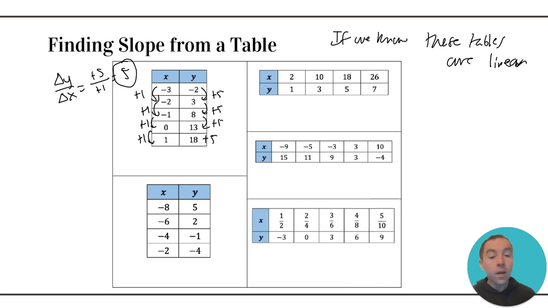Even in this example right here, you see that it's going +4 and then +2 and then +6 and then +7. There are different gaps between the x's, right?